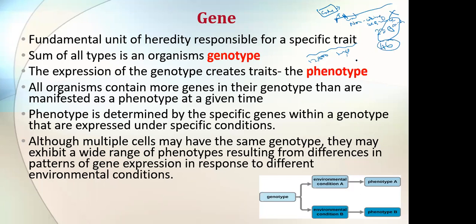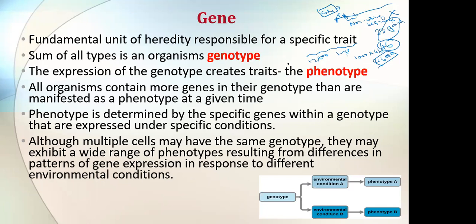So if each chromosome carries, let's say 1,000 genes, then across 46 chromosomes that many genes are there inside our body. Actually, practically we have more than this number. Anyways, all these genes together are our genome.